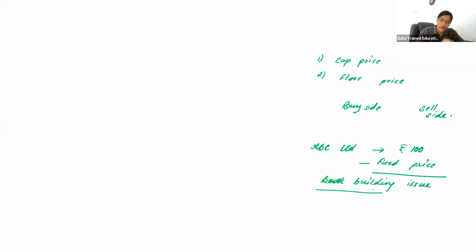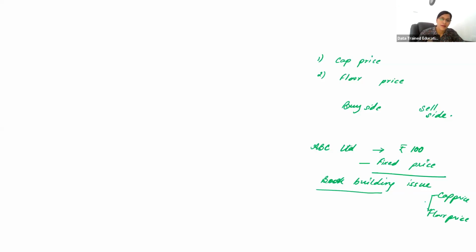You know about the price range which is being given. That price range is the category of book building issue. For example, they give you cap price, floor price. So this is cap. There is a 20% gap between them.